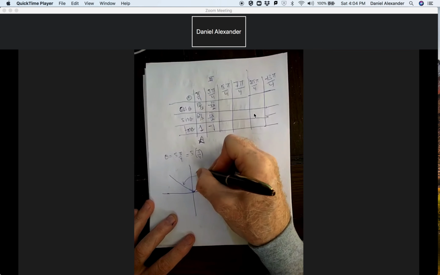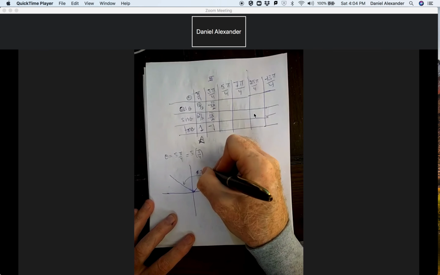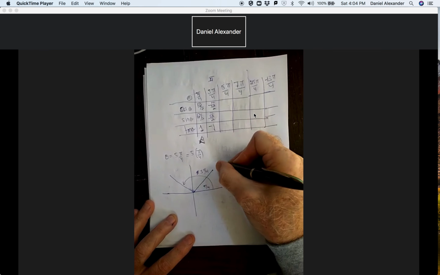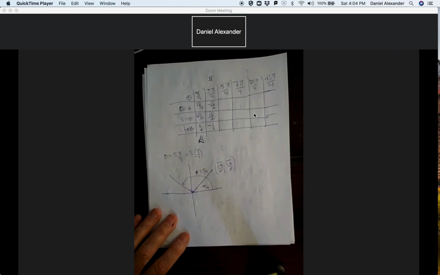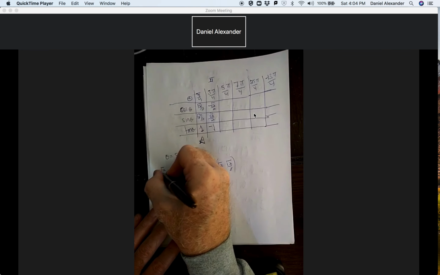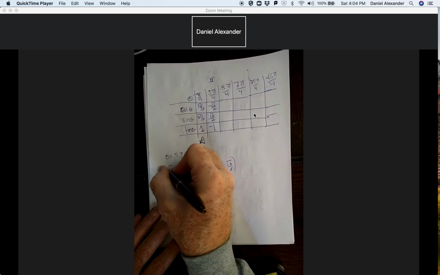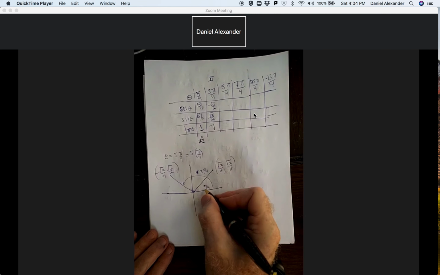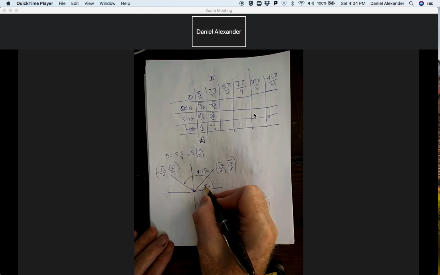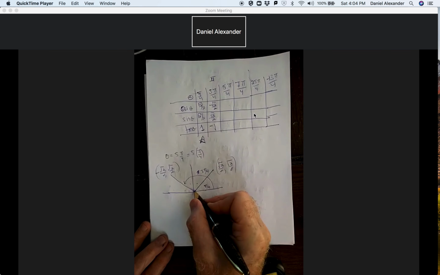I'm sorry, this was 3 pi over 4. You'll see why I'm writing that. We saw that this was square root of 2 over 2, square root of 2 over 2. This was minus square root of 2 over 2, square root of 2 over 2. So we're going to go now 5 pi's. That's going to be 5 pi over 4, is 1, 2, 3, 4, 5.